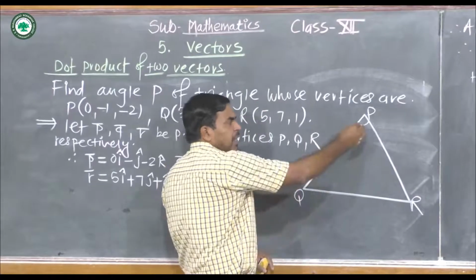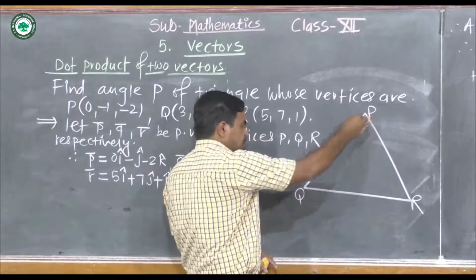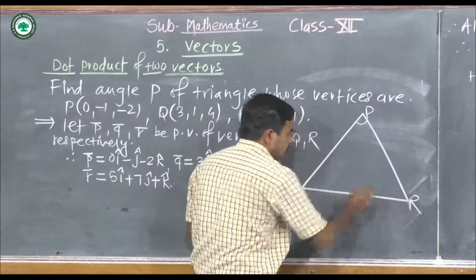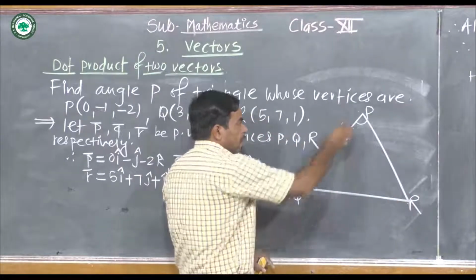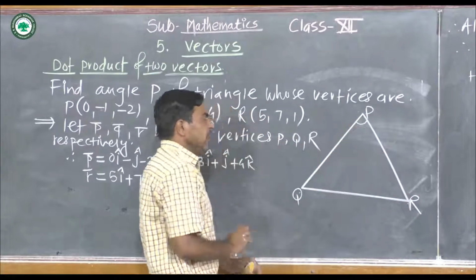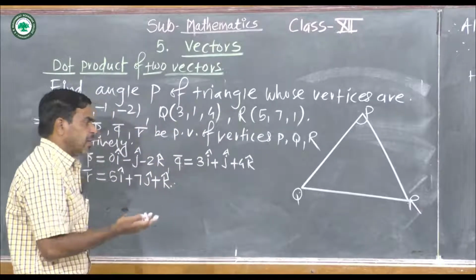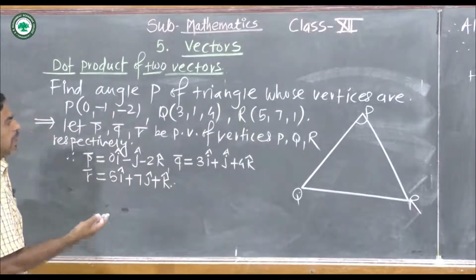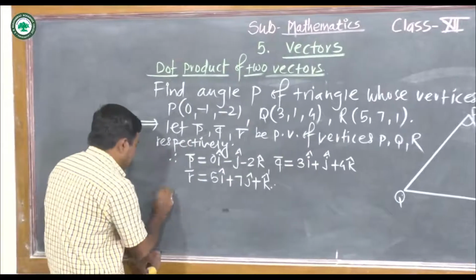So angle P is the angle between the two vectors PQ bar and PR bar. Now we find PQ bar and PR bar.